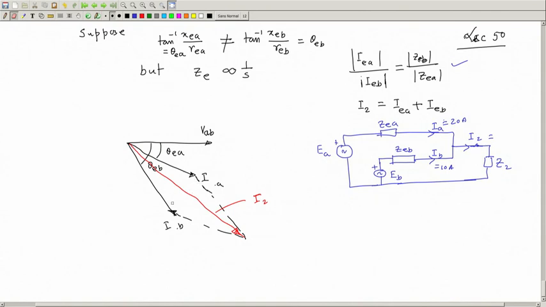In other words, these two transformers will be operating at different power factors.